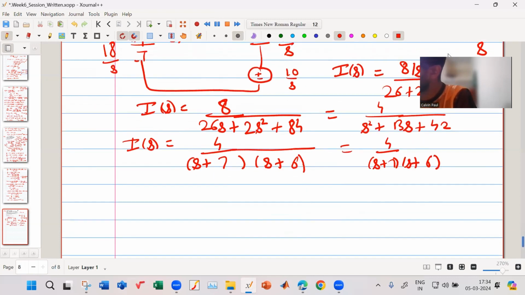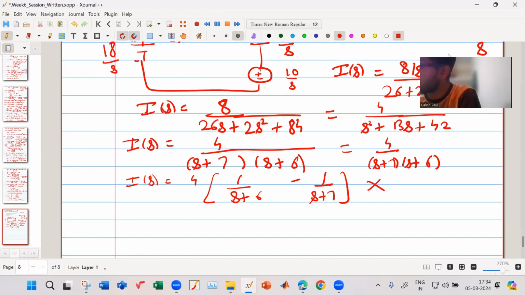So this I can write to be of the form 1 upon S plus 6 minus 1 upon S plus 7. This is one shortcut I have. I'll tell you how.